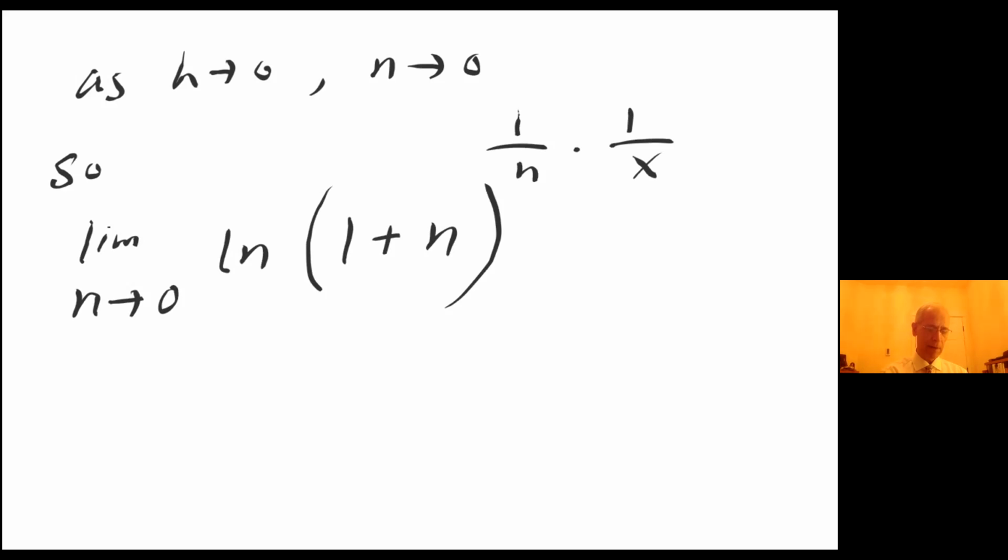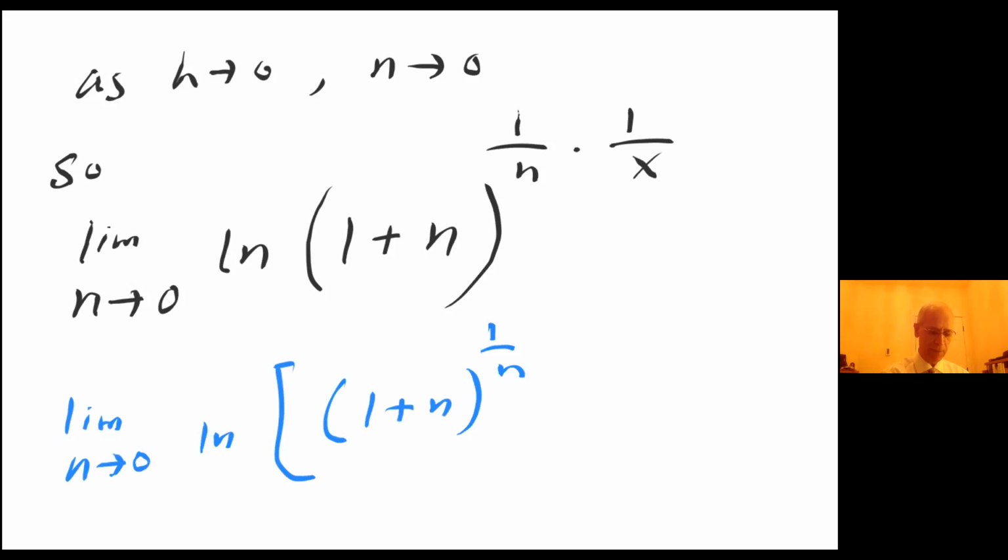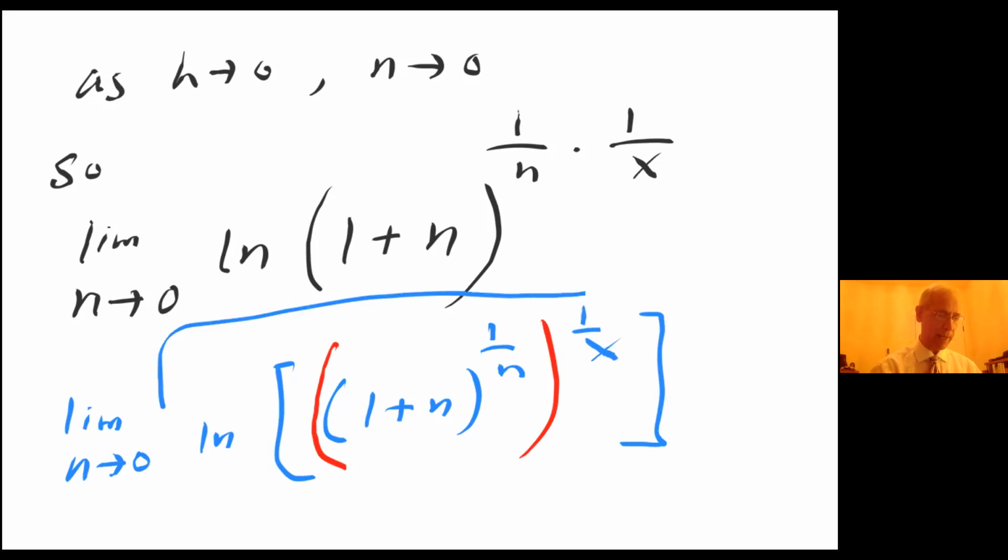And now one more step, let's rewrite this as the limit as n approaches 0 of natural log of 1 plus n to the power of 1 over n, and let me use another parenthesis in here, to the power of 1 over x. So far, I didn't break any algebraic rules. And now I can bring this 1 over x out.